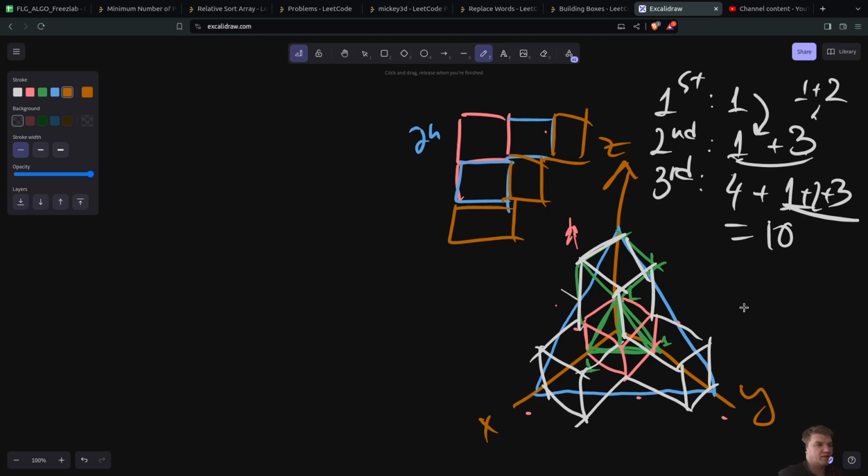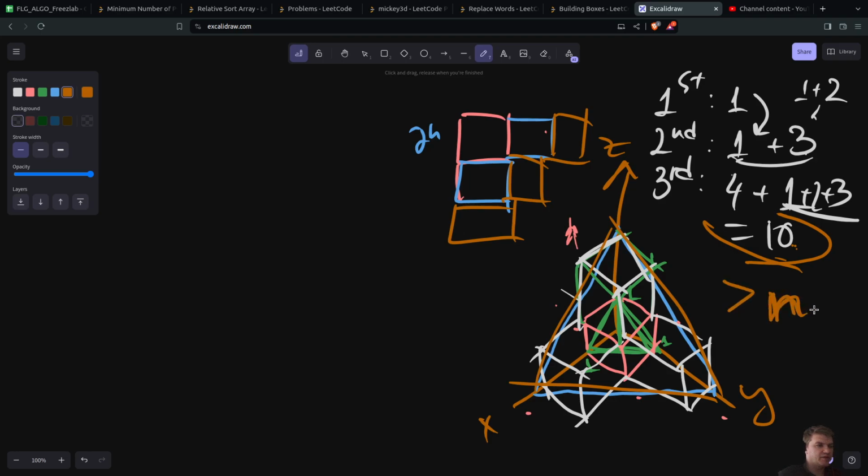So it's gonna be this formula, and I'm gonna incrementally start building these triangles and check if the current number of boxes under the triangle is greater than n.